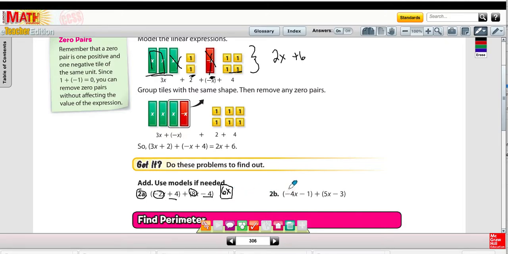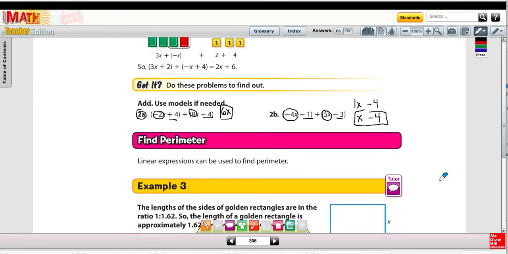For 2b, we have negative 4x and positive 5x, leaving 1 positive x. We could either do 1x or probably just x. We have a negative 1 and a negative 3. That's a total of 4 negatives. So minus 4. 1x minus 4, or simply x minus 4 would be the simplified version.